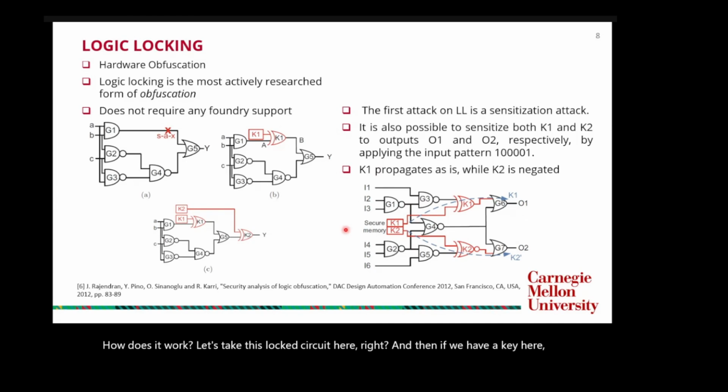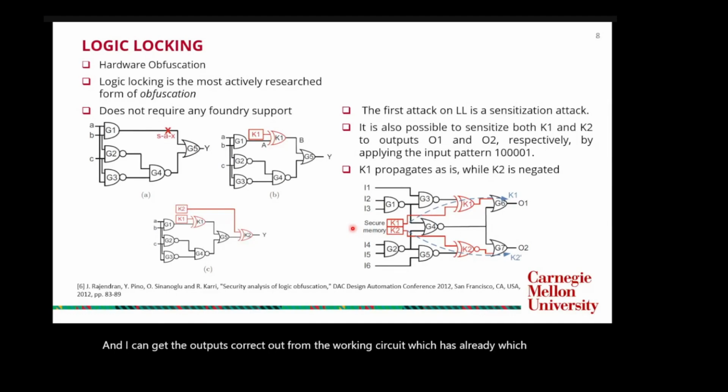If I have the input pattern, I will take the working circuit. I will go to the market, and I can get a chip that is actually a working circuit. I know the inputs, and I can get the correct outputs from the working circuit, which already has a key, right?